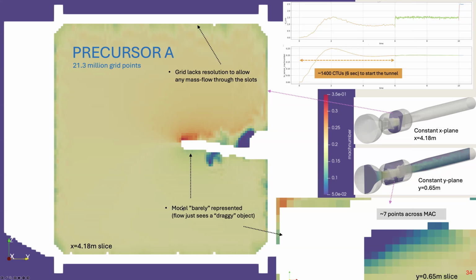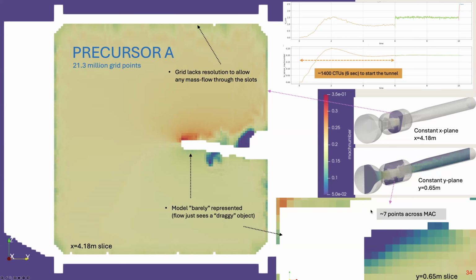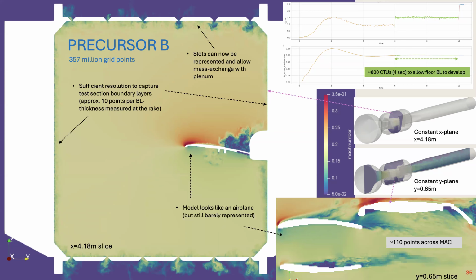It's barely represented, just a drag object, and grid resolution is not allowing for in and out between the slots. Oh, by the way, over here there's only 7 points across mean aerodynamic chord, so you don't see the details of the test article.